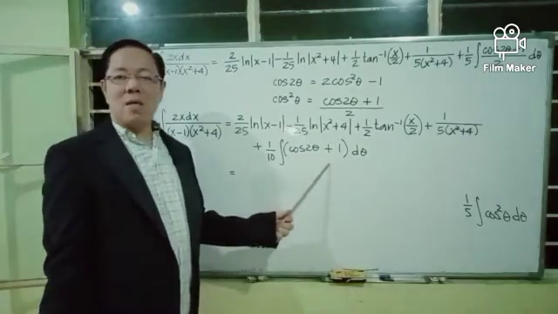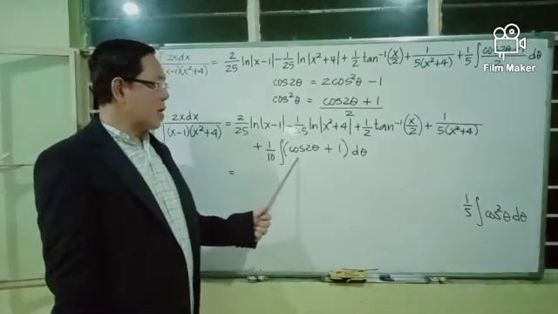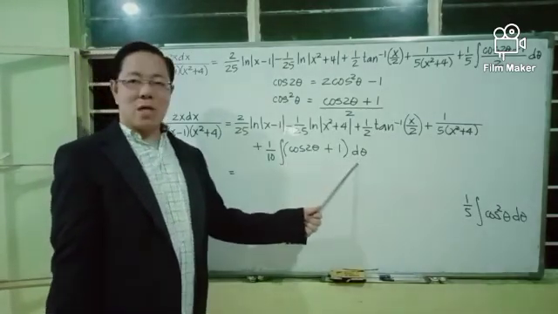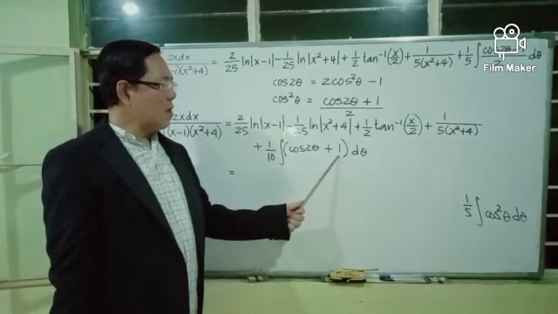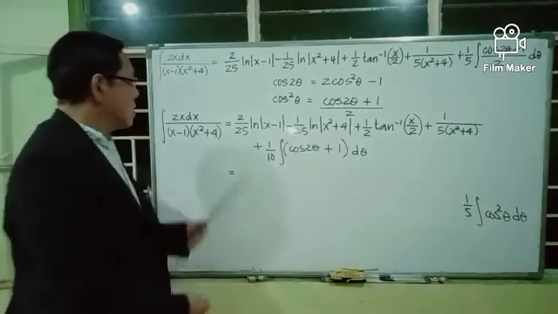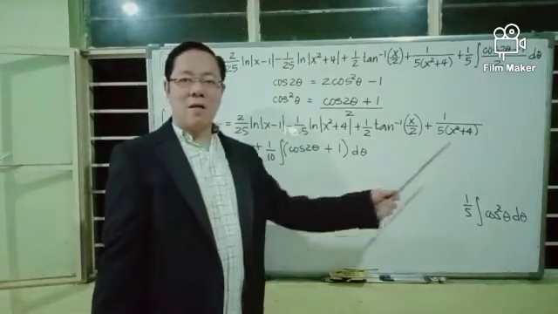And this by integration rule is equal to the integral of cosine 2 theta with respect to theta plus the integral of d theta. Again, the first four terms are the same.